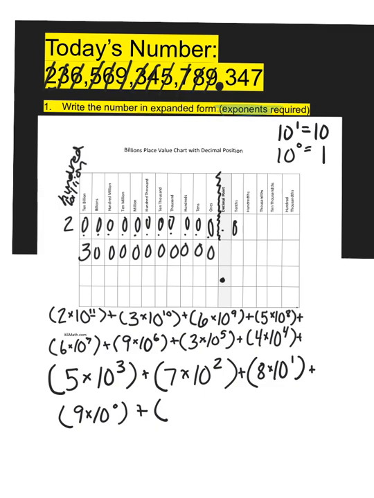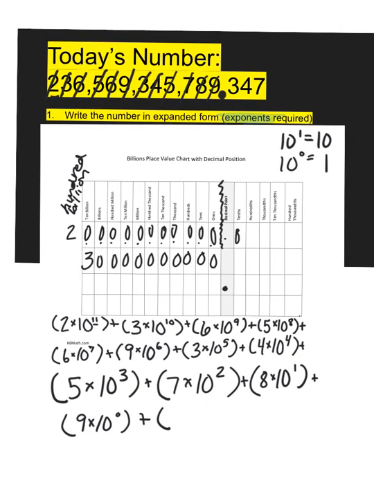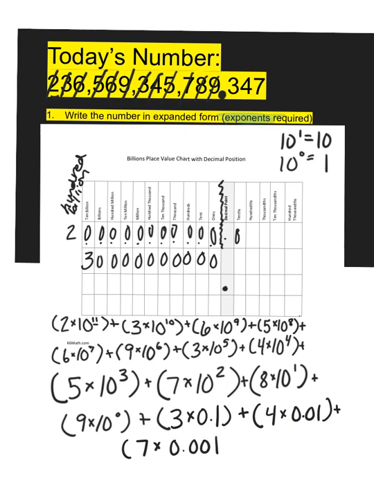So for 347 thousandths, I'm going to do 3 times 1/10 plus 4 times 100th plus 7 times 1,000th.